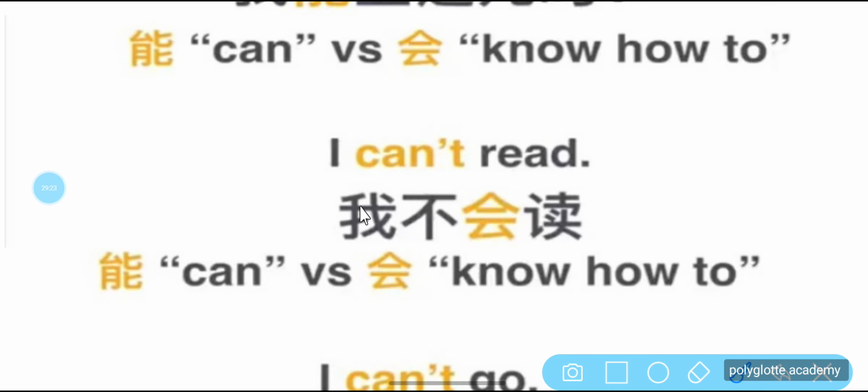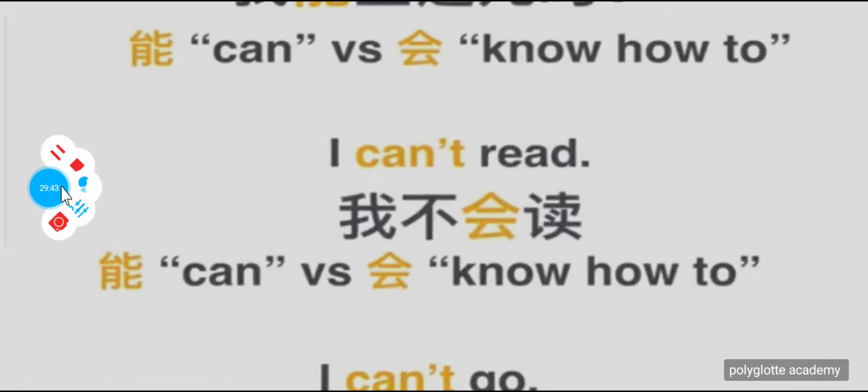So we can demonstrate that. We have 我, which is I. We saw this sentence in the previous lesson, but for explanation purposes, I will still go through it.